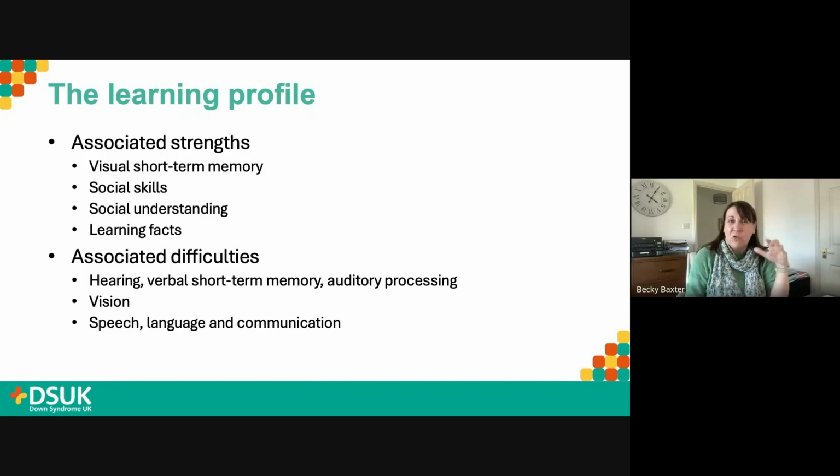A specific difficulty with verbal short-term memory, so remembering what it is that they've heard and processing that information. So they've got difficulties hearing information, remembering information, following, processing and understanding that information, which you might already think may lead to some unwanted behaviours.